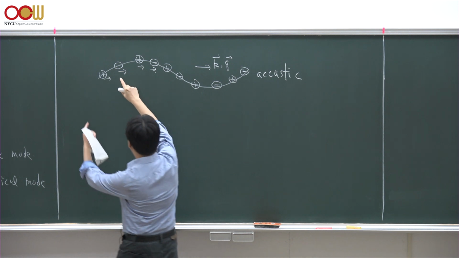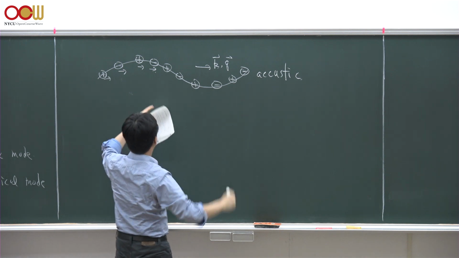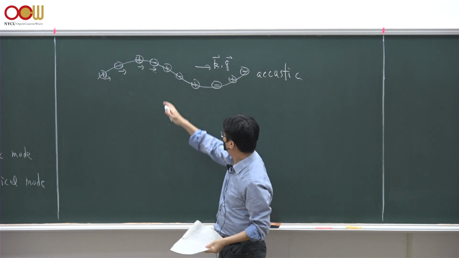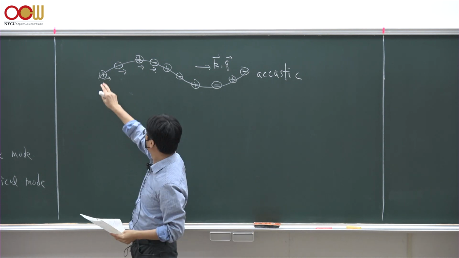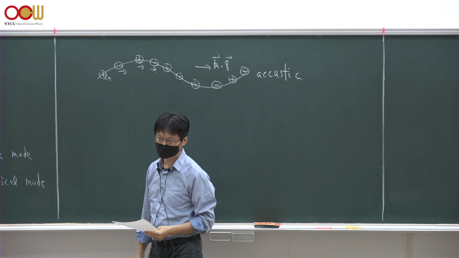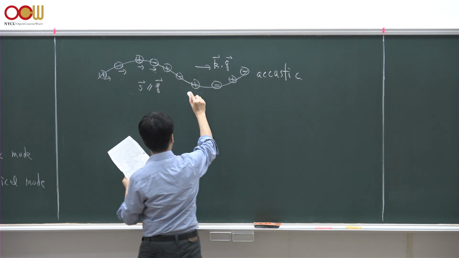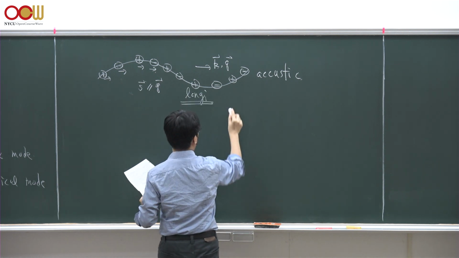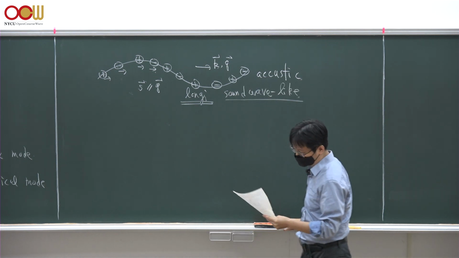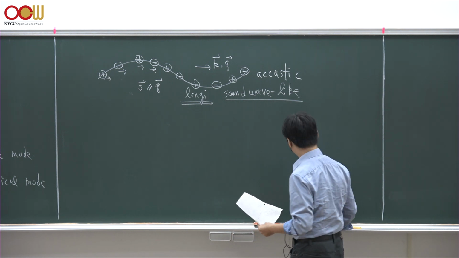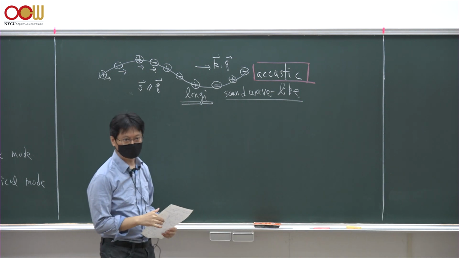The plus and minus sides move back and forth like this with associated amplitudes, and the wave propagates along the same direction as the vibration of the underlying lattices. Therefore, this S is parallel to Q, and this is longitudinal, a sound wave-like propagation. That's why we call this acoustic, because the word acoustic refers to sound.